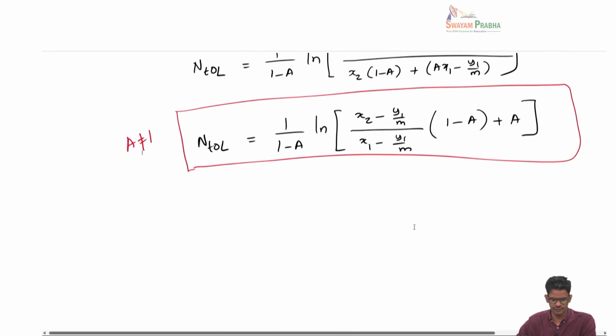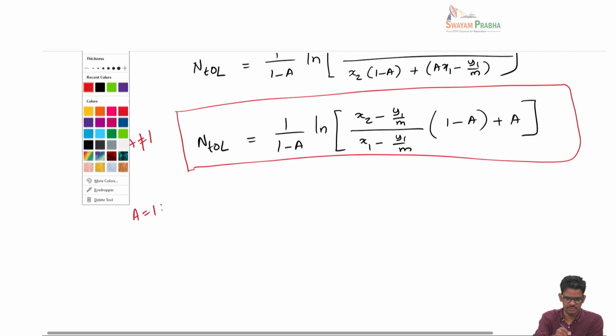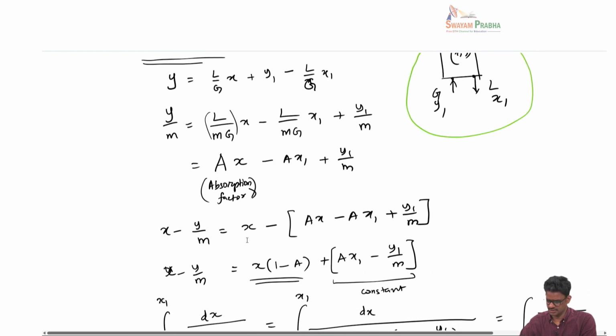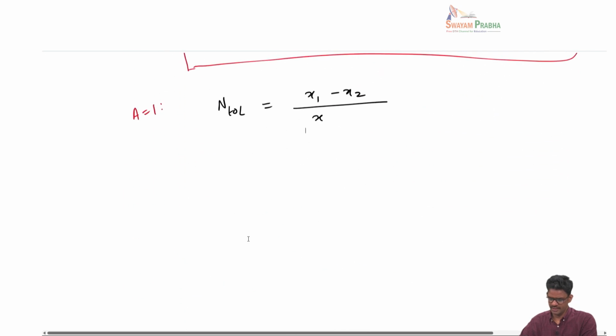So for A equal to 1, NTOL will be simply x1 minus x2 divided by whatever the term, x1 minus y1 by m. So this is the case to be used for A equal to 1.